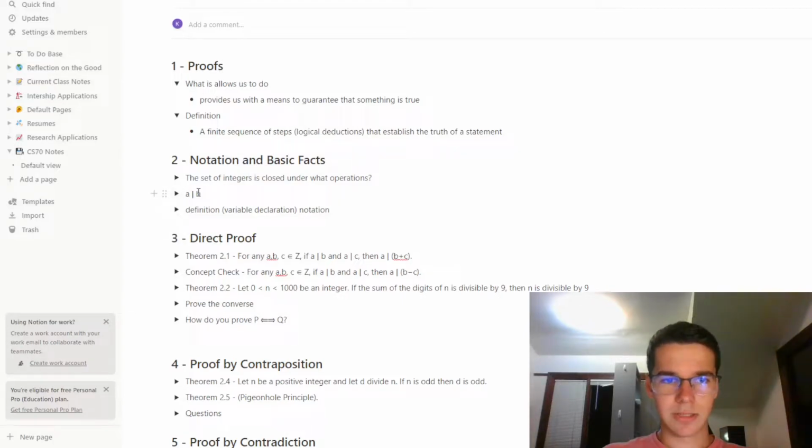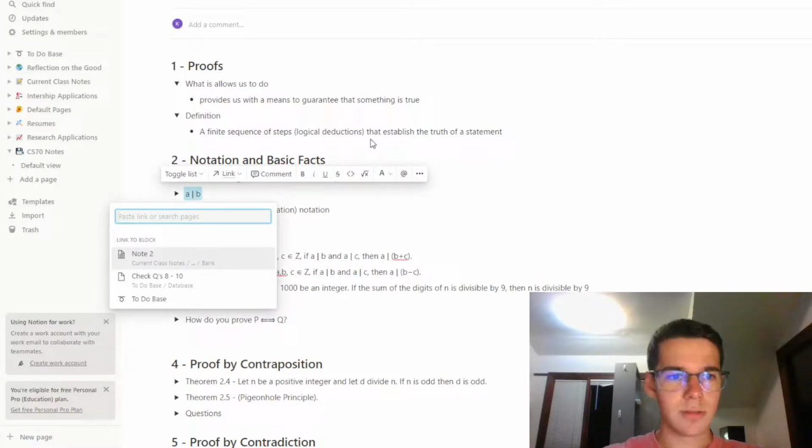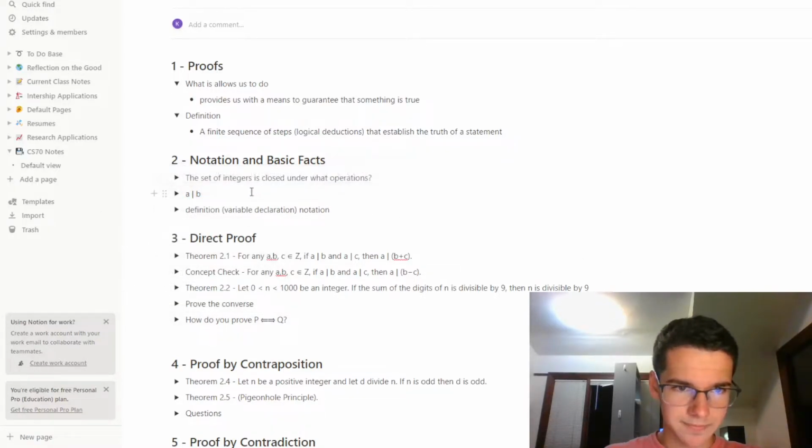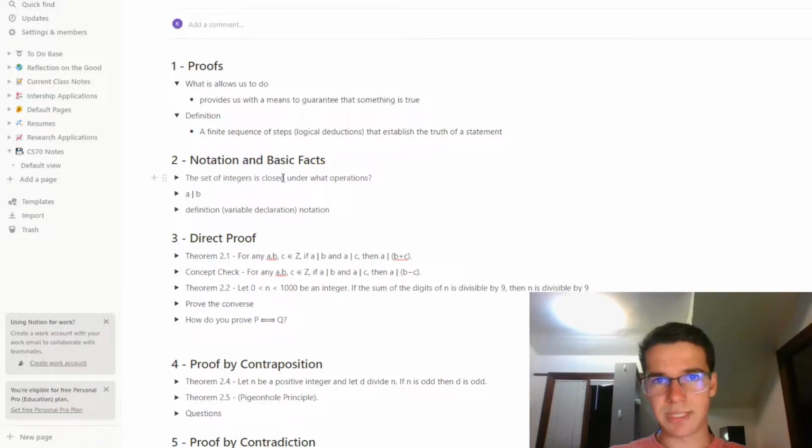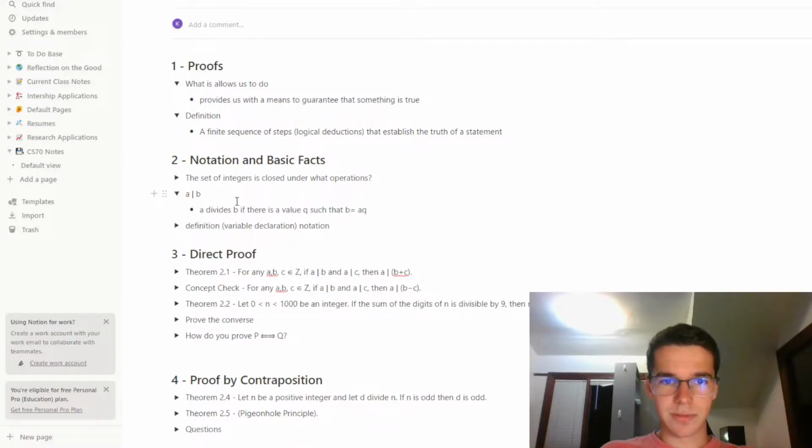All right, and what is this notation right here? Well, this plays an important role in a lot of the proofs that we are going to work out. This means A divides B, and specifically it means A divides B evenly. Another way of thinking about this is saying that B is equal to A times some multiple.